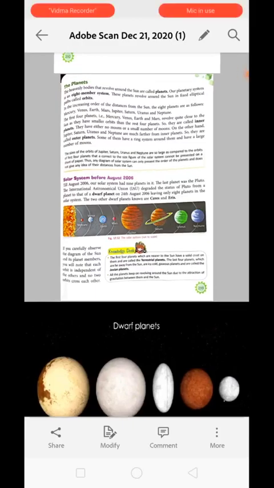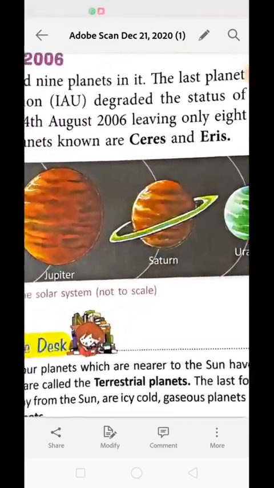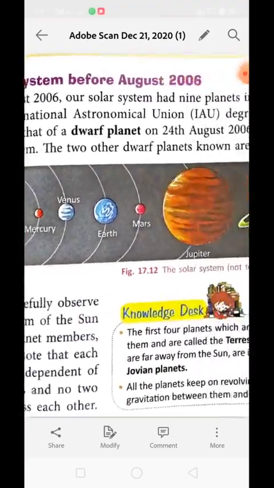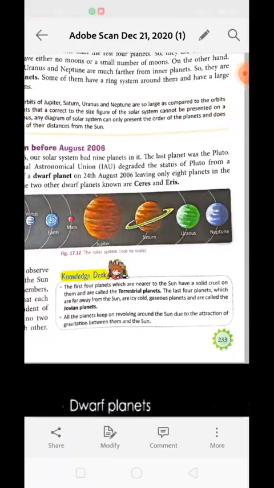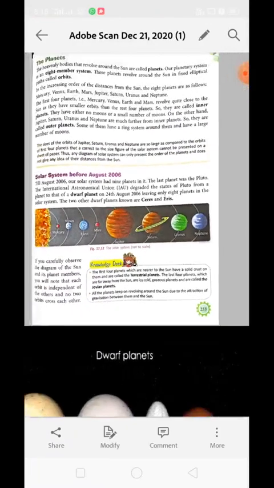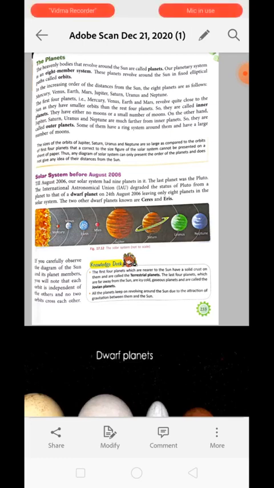Now just look over here at the solar system. Look very carefully. If you have carefully observed this diagram of the sun and its planets, you will notice that every planet revolves around the sun on its own fixed pathway, which is called an orbit.